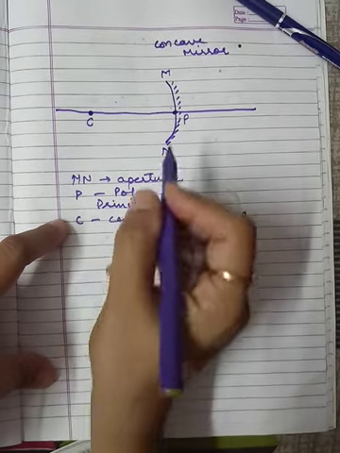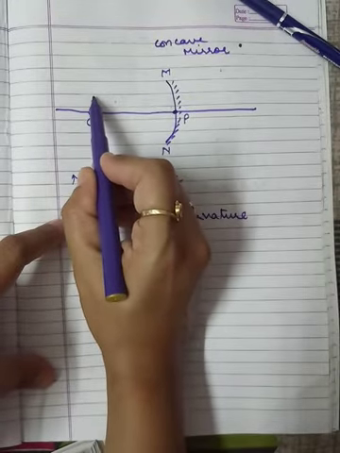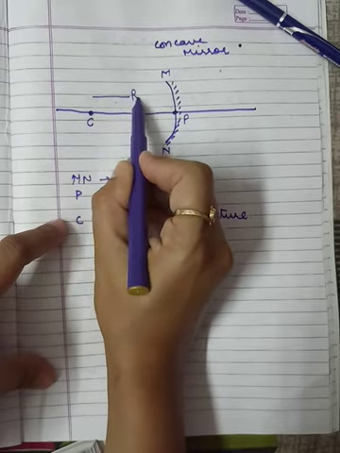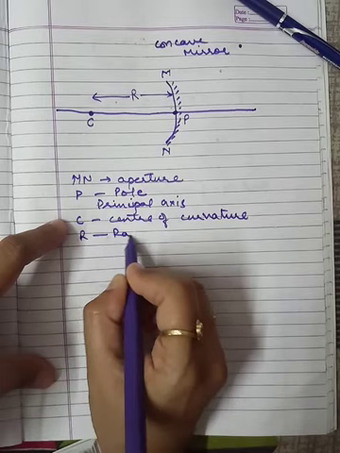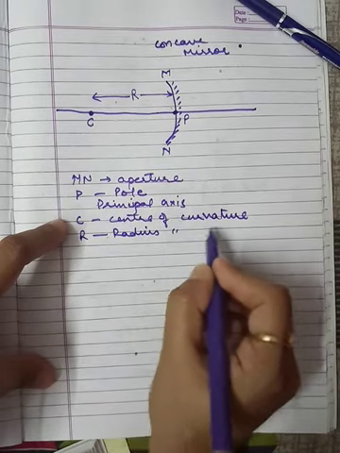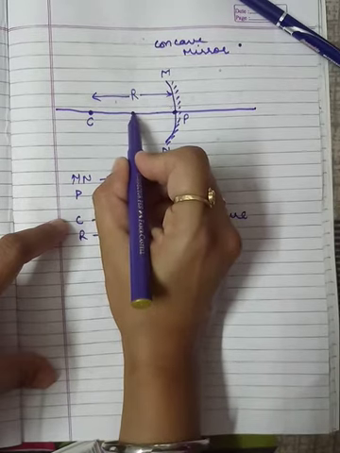Then we understood the distance between the center of curvature and the pole. That is the radius of curvature, R. Then we understood what is principal focus.